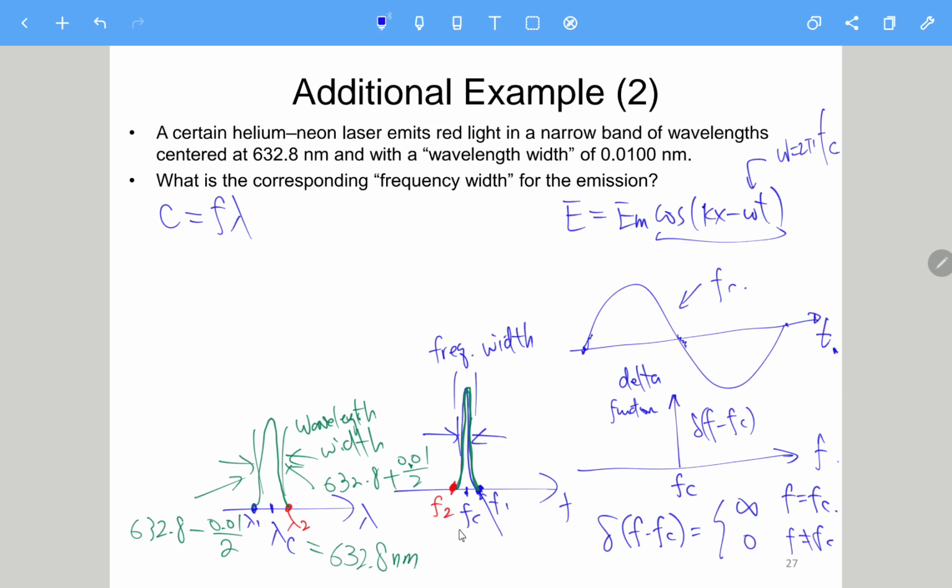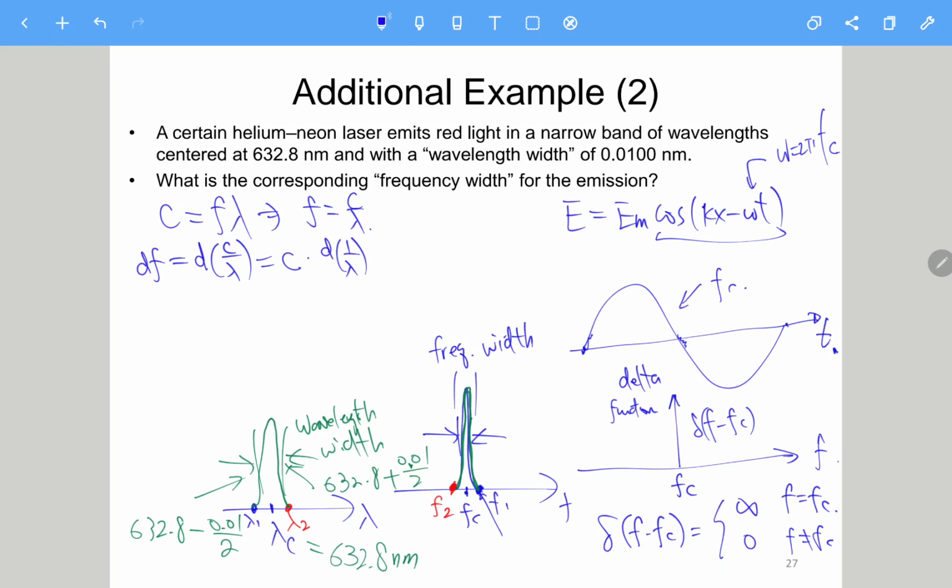Actually, we can make use of calculus to simplify the calculation. We can write f equals c over lambda, and then we can differentiate both sides. So we have df equals d of c over lambda, and c is a constant, so it is c times d of 1 over lambda.